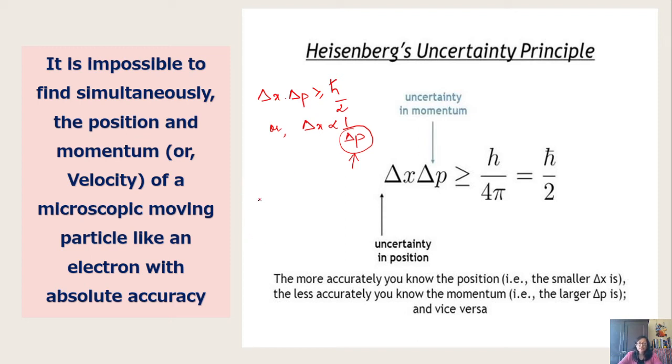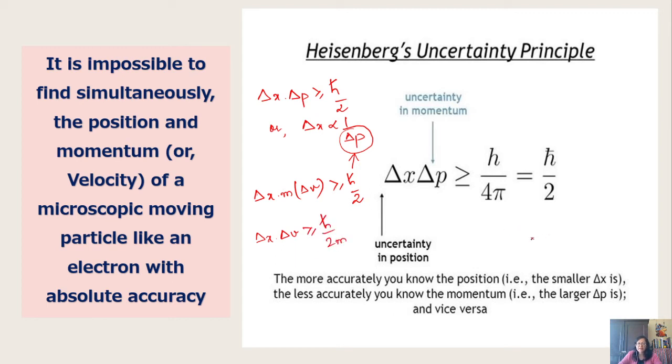Apart from this, we have delta x into delta p. In place of delta p, we can write m into delta v, which is greater than or equal to h cross by 2. So that means delta x into delta v will be greater than or equal to h cross by 2m.